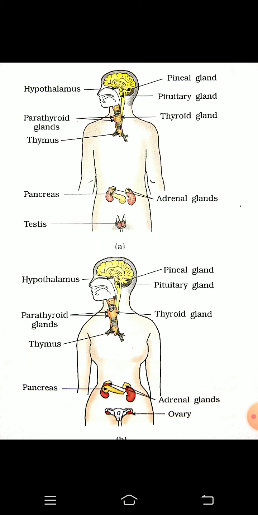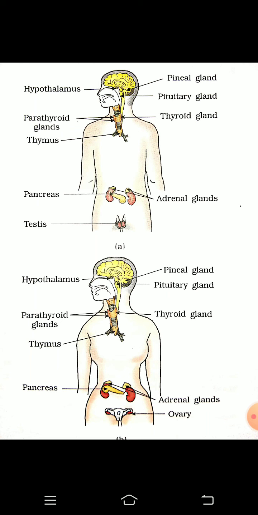What is the function of testosterone? It helps in development of male sex organs. So that means this testosterone helps in development of male reproductive organs.